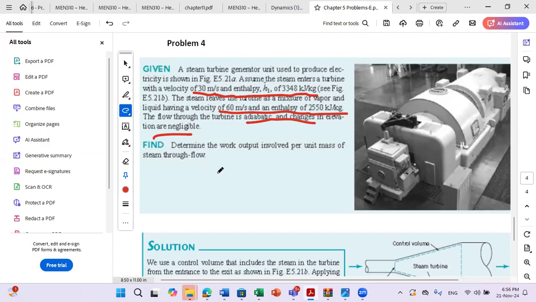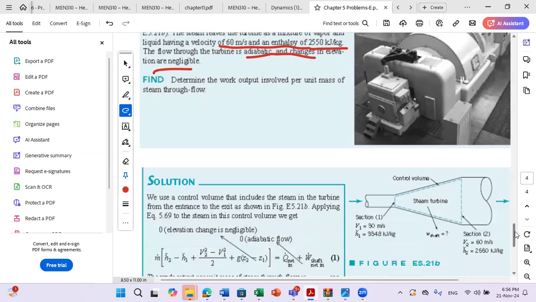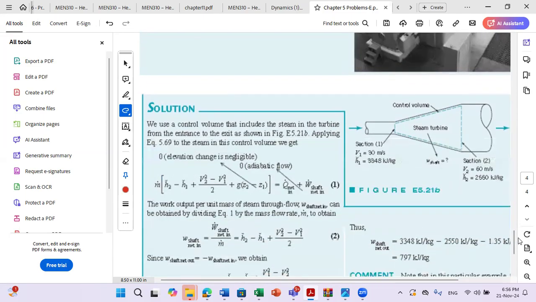So here, we are just doing a small review of what we have seen in previous chapters. Whenever you have a system where you have mass flow rate in and mass flow rate out, you can apply the energy equation. Then you need to consider the energy flux at inlet, energy flux at outlet, and possible work and heat rates exchanged with the surroundings.